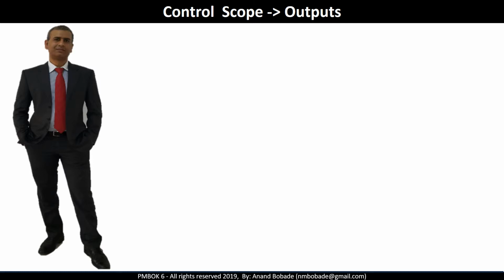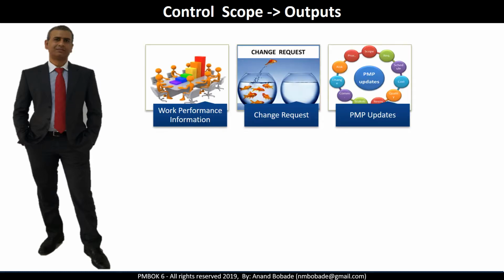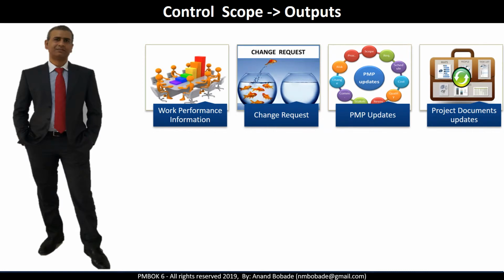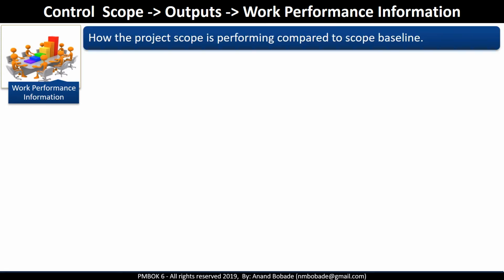The outputs are work performance information, change requests, project management plan updates, and project document updates. Work performance information is a result of variance analysis and trend analysis. It will tell if a project is going according to the plan or not. If not, then the PM can investigate the reason for the current variance or the trends that suggest future variance.